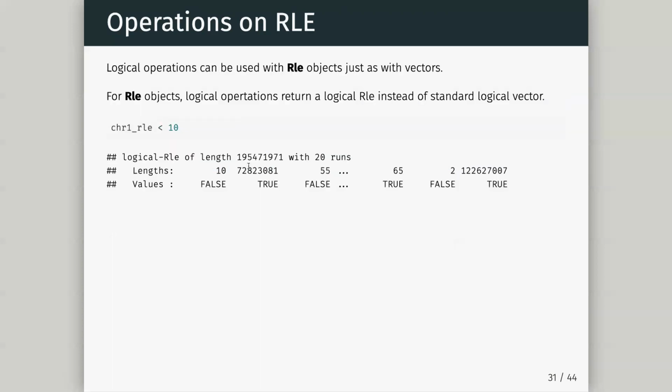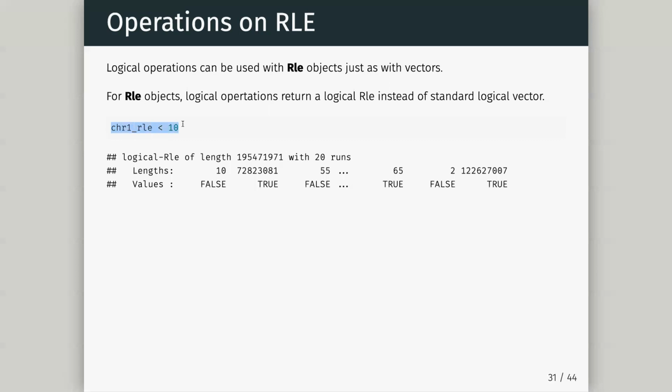Another great thing we can do with RLE operations is logical operations. So in this case, if I have my numeric RLE vector, and I want to know which positions across that chromosome were less than 10 reads or 10 signal, I can also do that in one line.